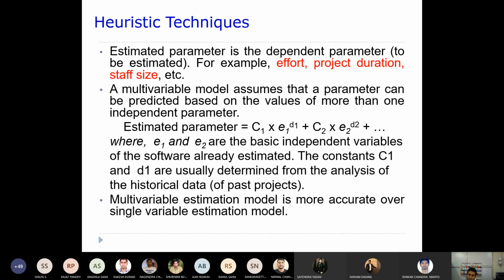Multivariable estimation models are more accurate than single variable ones, because we have considered various characteristics, so the prediction is much more accurate.